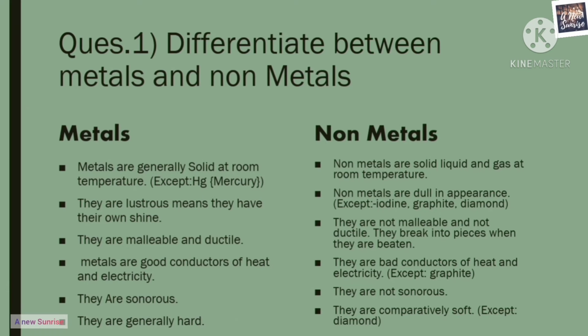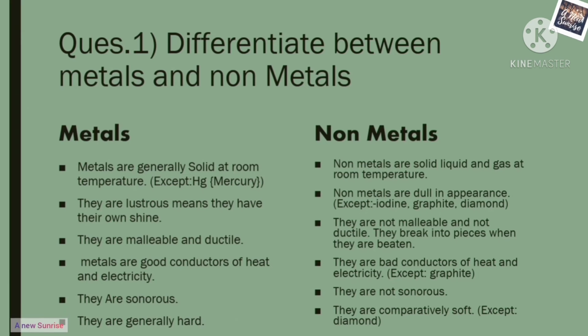Non-metals are solid, liquid as well as gas at room temperature. Metals are lustrous, means they are very shiny, they have their own shine, whereas non-metals are dull in appearance. Example, except iodine, graphite, diamond.